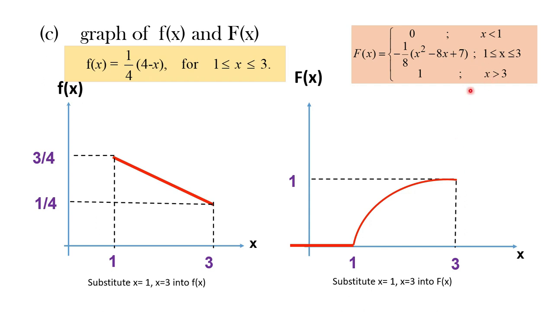For x more than 3, capital F is equal to 1. So the answer is like this. That is how we plot the graph for f(x) and capital F. Okay, that's all. Thank you.